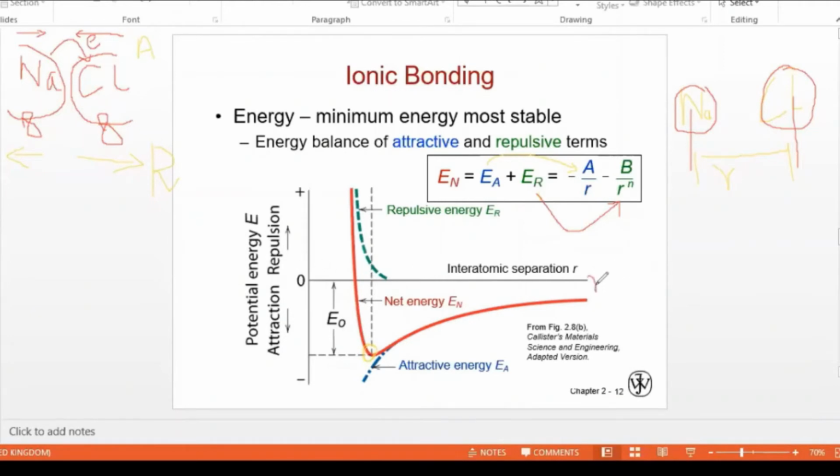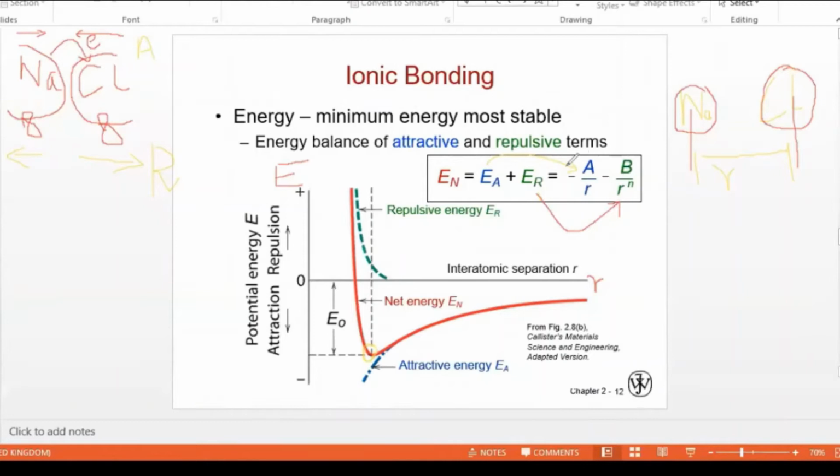So I am drawing a graph between R and energy E. Repulsion energy I will take positive and attraction energy I will take negative. You can take it otherwise also, but usually we take it like this. Then we draw a graph.